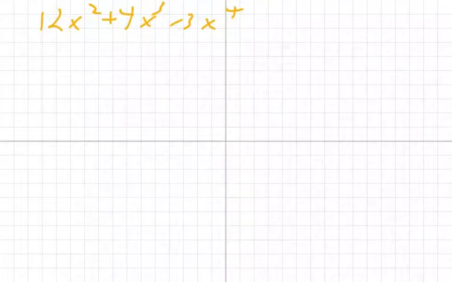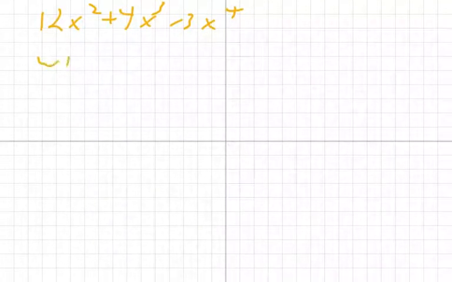One more, we are going to do 12x squared plus 4x cubed minus 3x to the fourth. Now when we graph this, we don't see the whole graph, so once again I'm going to have to change my maximum.